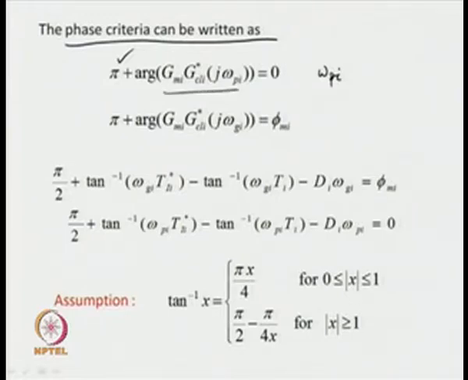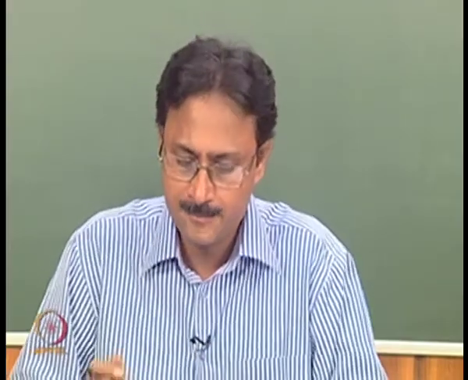So, this is the loop gain in frequency domain. So, angle of the loop gain at phase crossover frequency plus pi must be equal to 0, because the phase crossover frequency refers to a point on the negative real axis where the angle is minus pi.